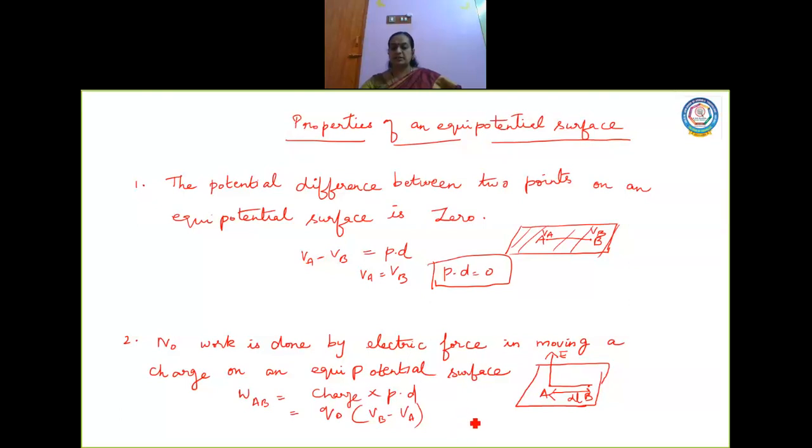Now here VB is equal to VA, and hence work done will be equal to 0. So as far as an equipotential surface is concerned, no work is done by the electric force in moving a charge on an equipotential surface.